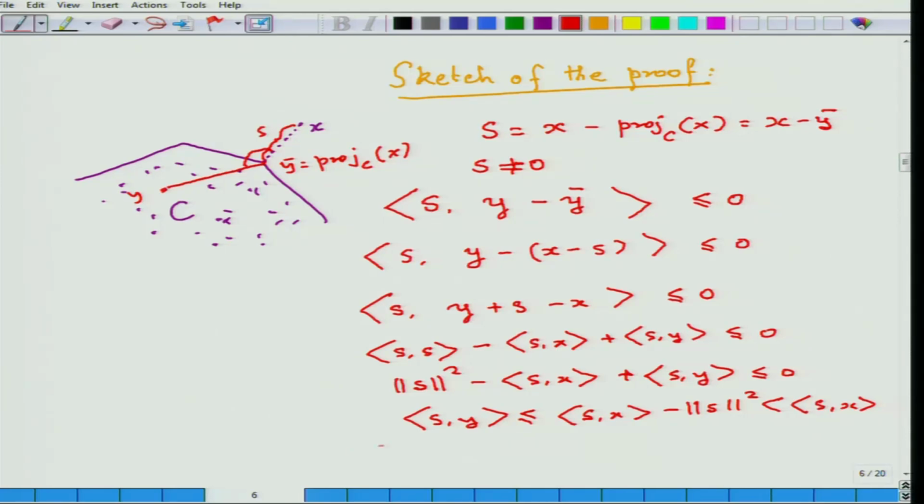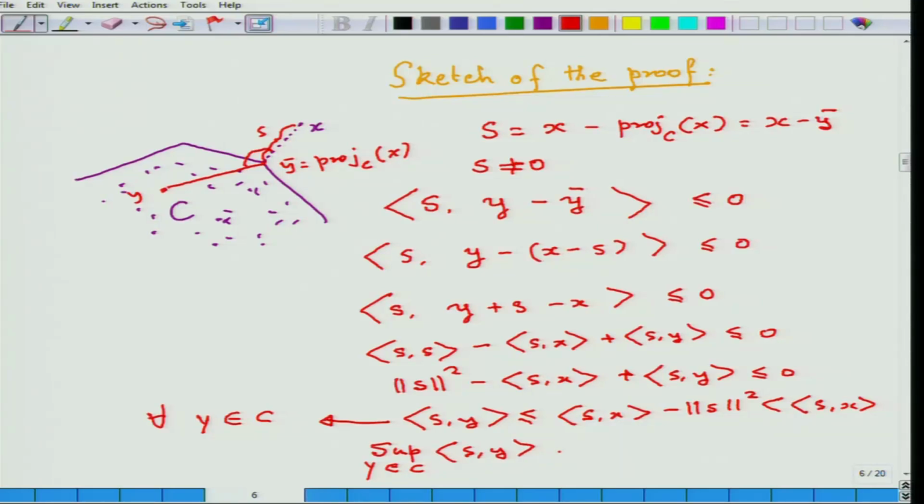See, you can write this as following: supremum. So, this is true for every y in C. So, you can write the supremum over y in C of S y.